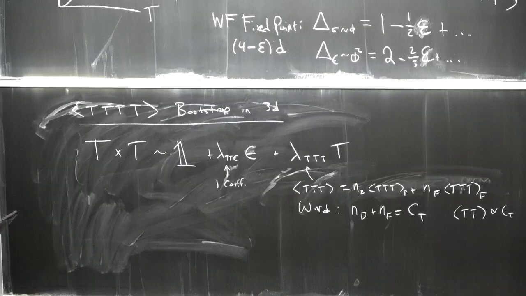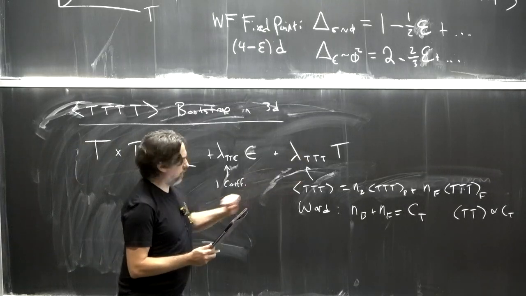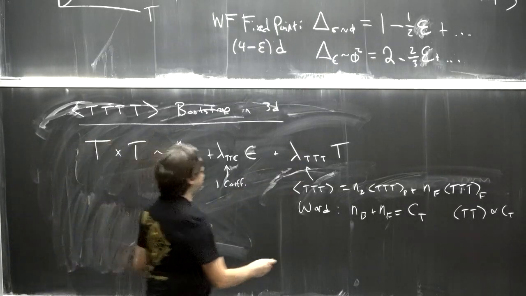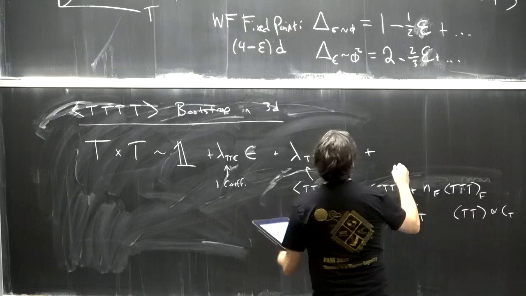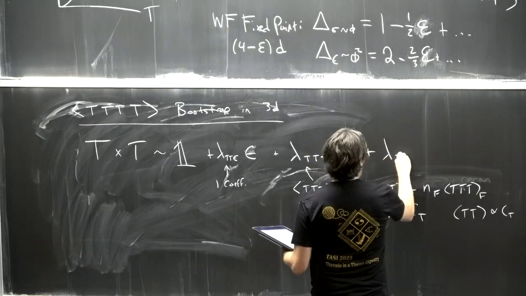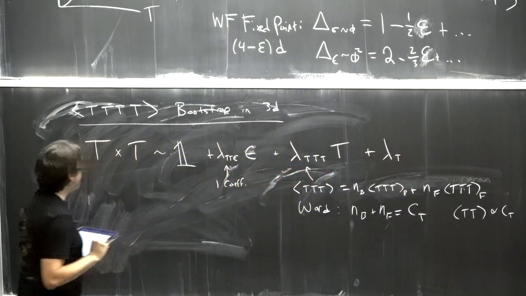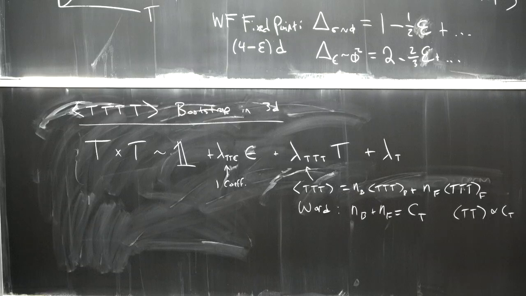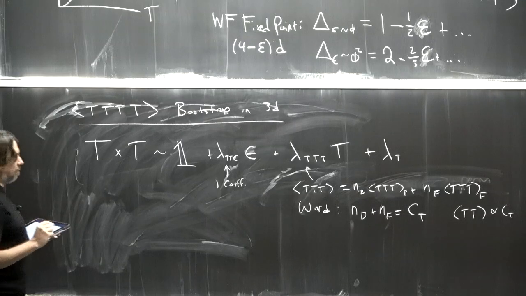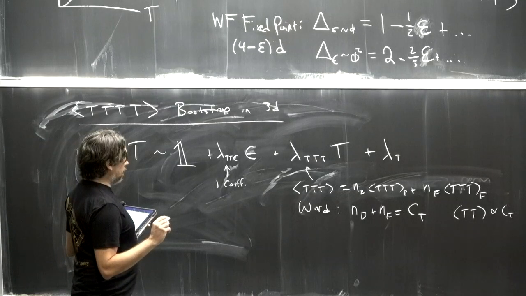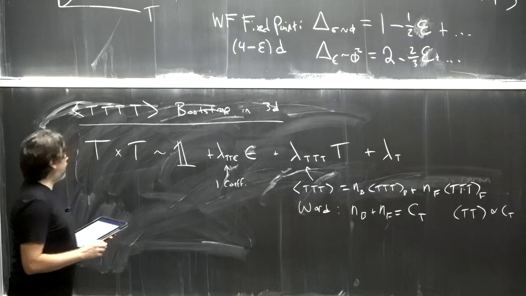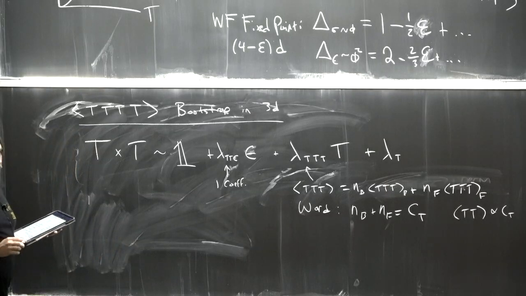Okay, so that's the structure there. And then there's other operators that can appear. CT, the coefficient of the identity in that OPE? So you have a choice of normalization to make.